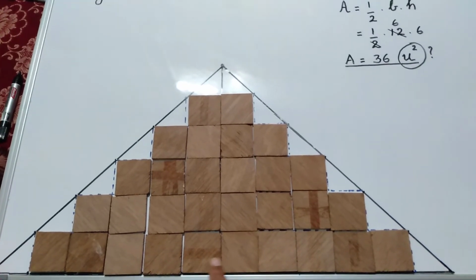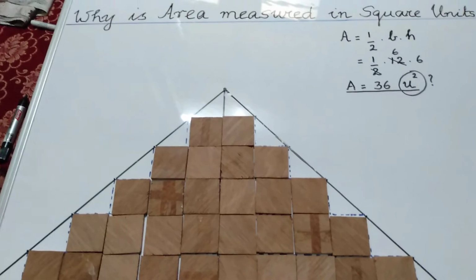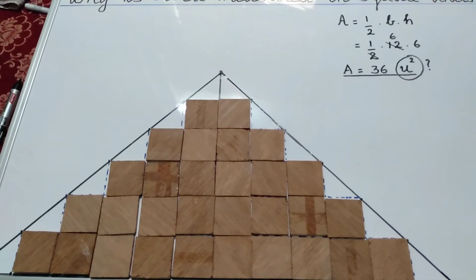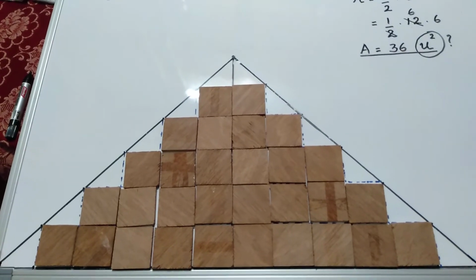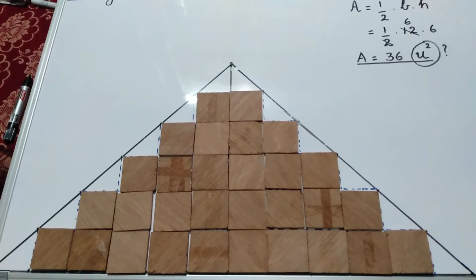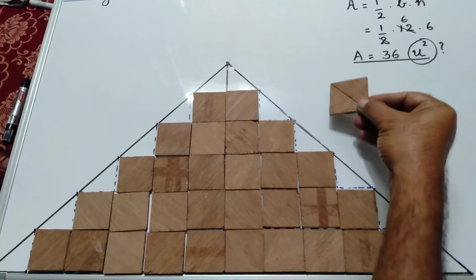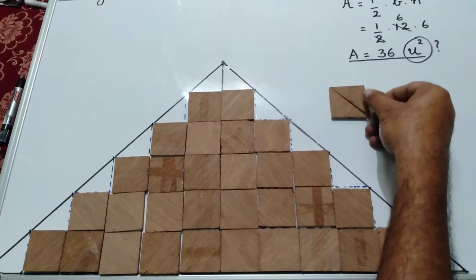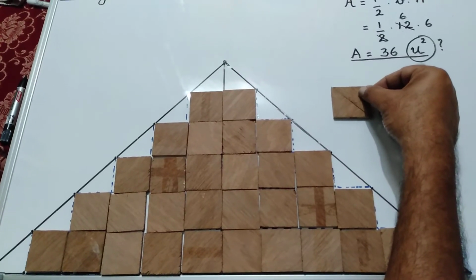I have filled in 30 squares in the triangle, and the empty areas which are in the form of right angled triangles, I am filling up using the same squares, but cutting the squares into two right angled triangles along the diagonal.